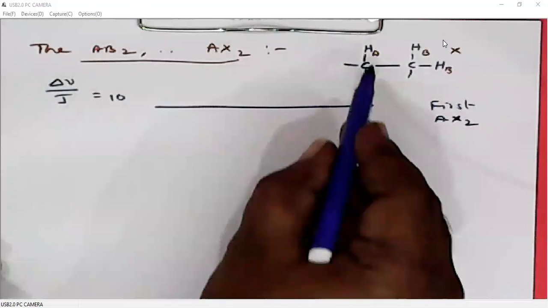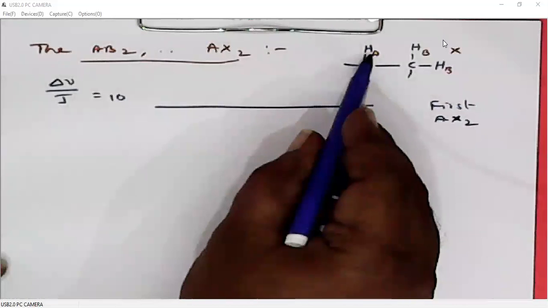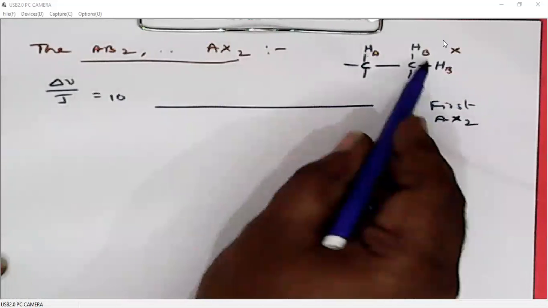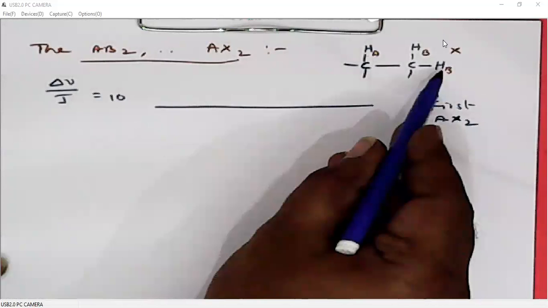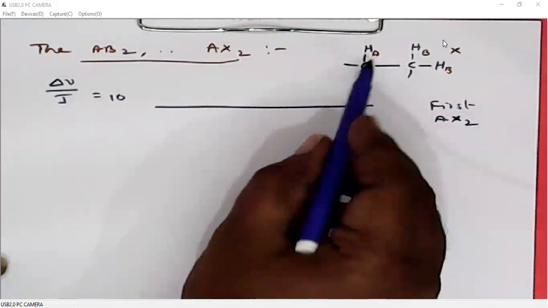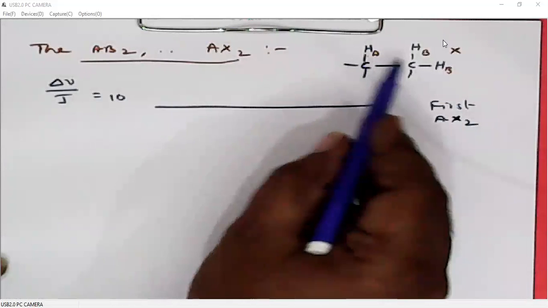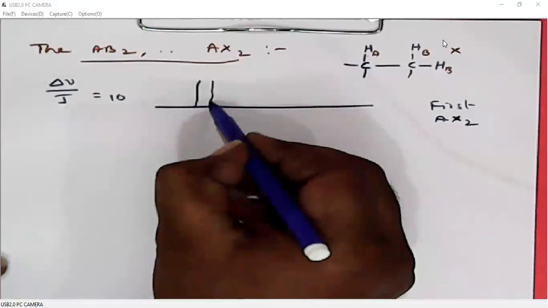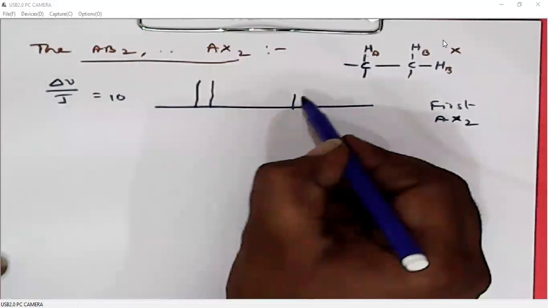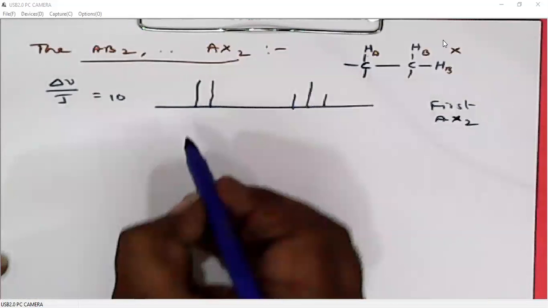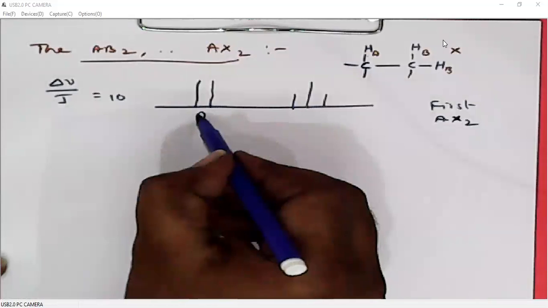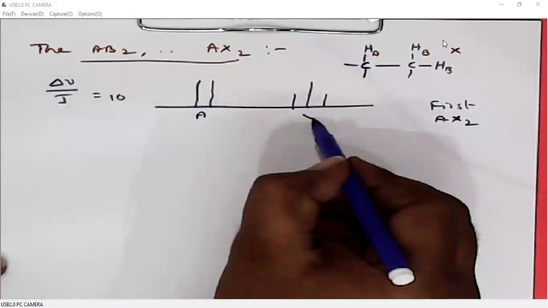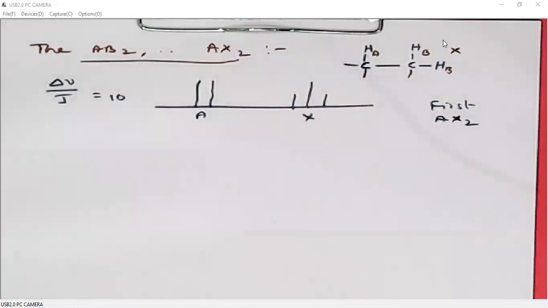That means A proton will give a triplet because it is having two alpha protons. X protons will give a doublet because it is having one alpha proton. So in this case, we can clearly see this doublet and triplet. So this is for A type protons and this is for X type protons. The delta value will be the middle of the peak.